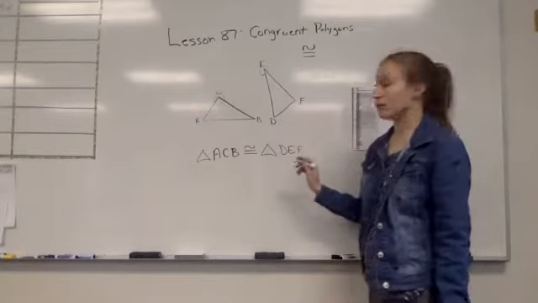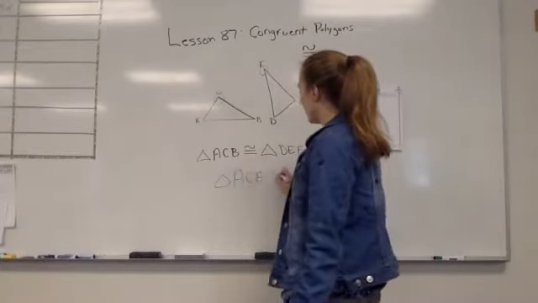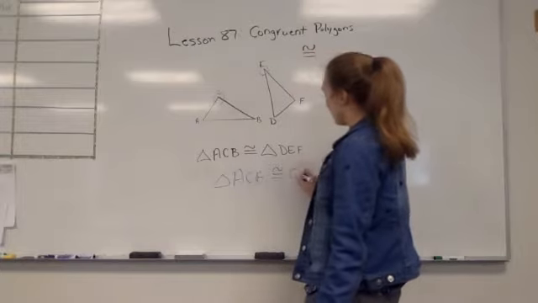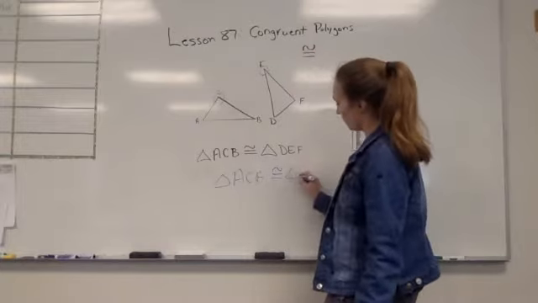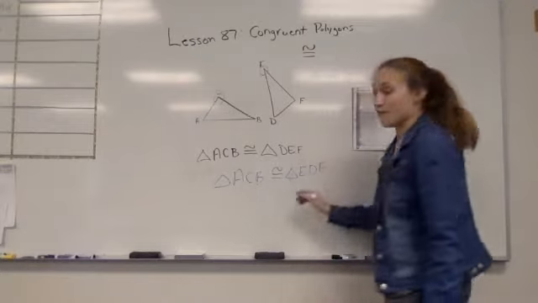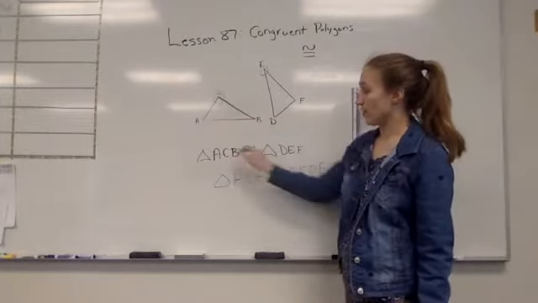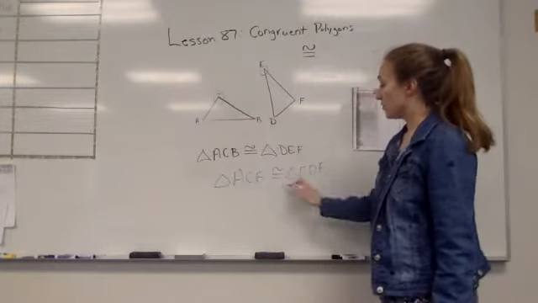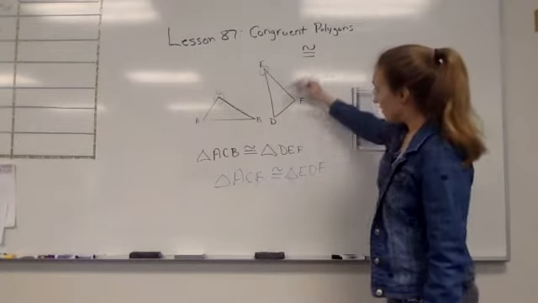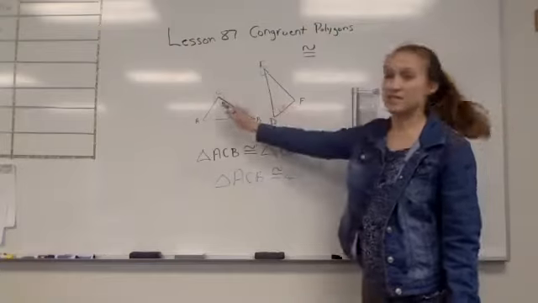But if I wrote triangle ACB is congruent to triangle EDF, that would not be true, because I'm saying this triangle ACB is congruent to EDF, and that's saying this angle is the same as this angle.